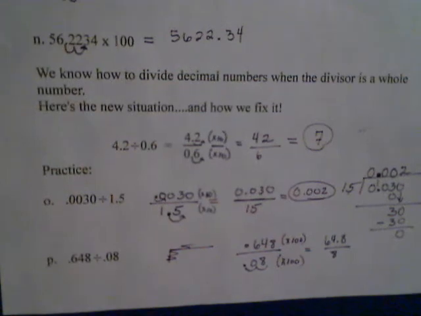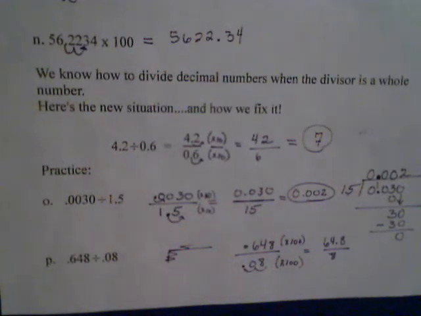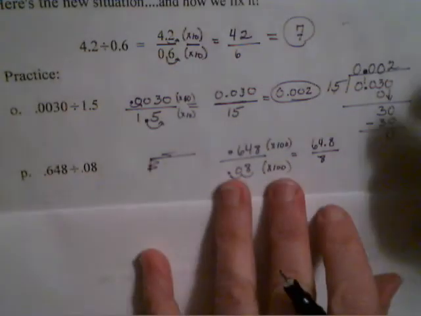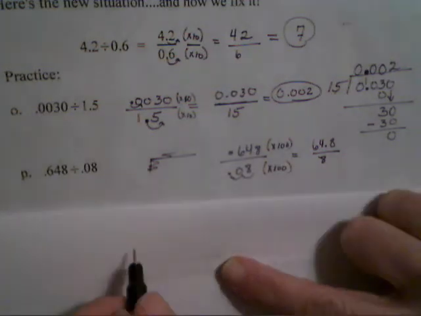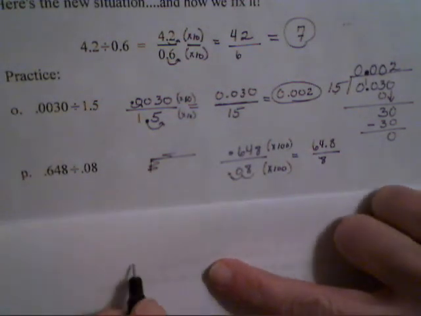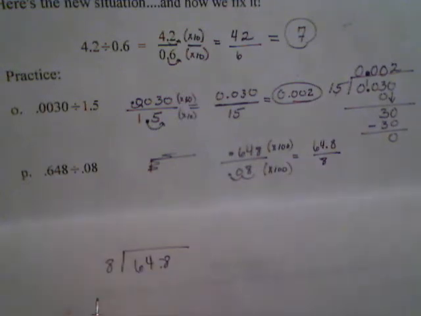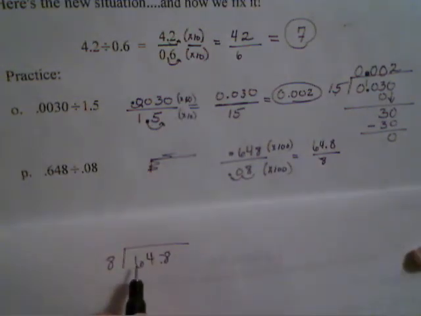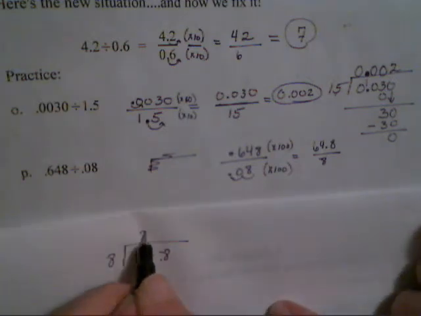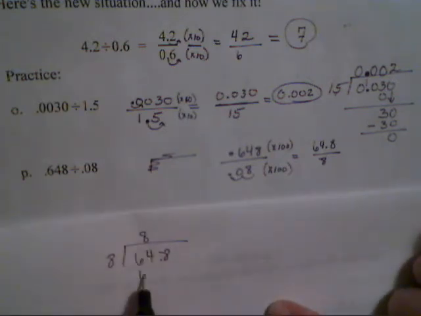Let me bring in a piece of scratch paper since I kind of ran out of room. And we'll do it on a piece of scratch paper, or at least I will. Okay, so we had 64.8 divided by 8. Well, 8 won't go into 6, but 8 will go into 64. 8 times 8 is 64. Do my subtraction. I have a 0 here. Carry down this 8.